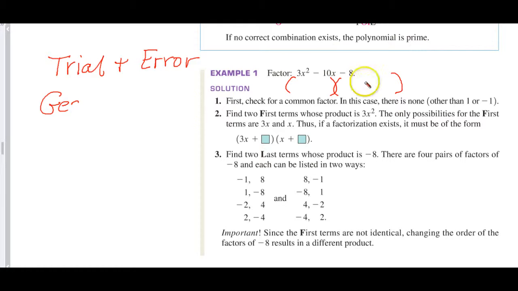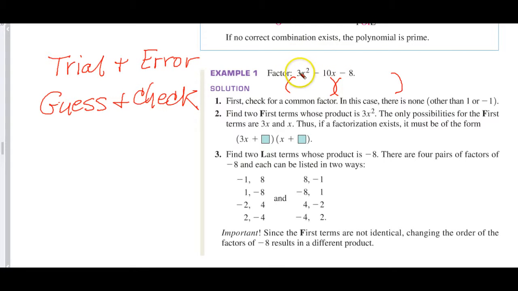Let's spell it right here. The others was a little bit of guess and check too.